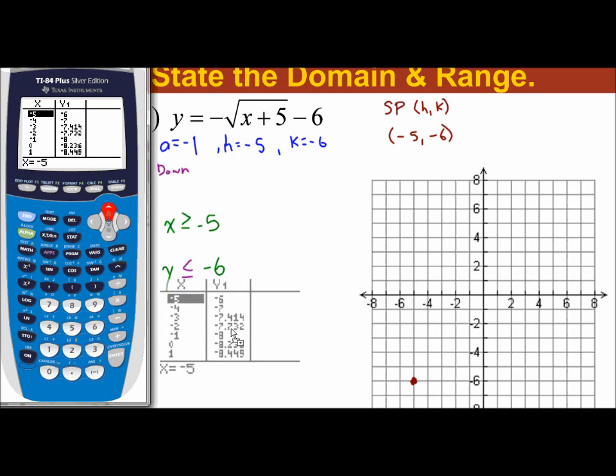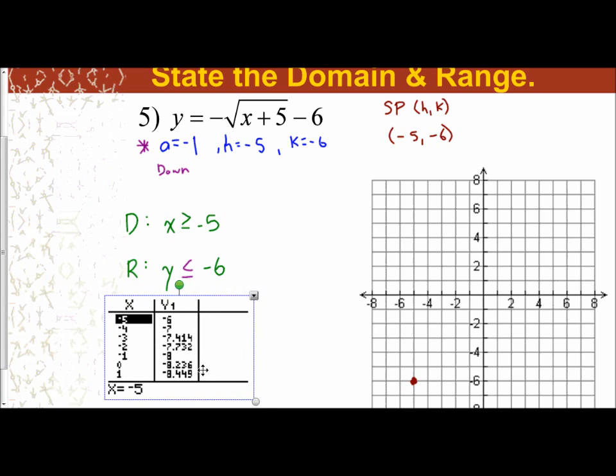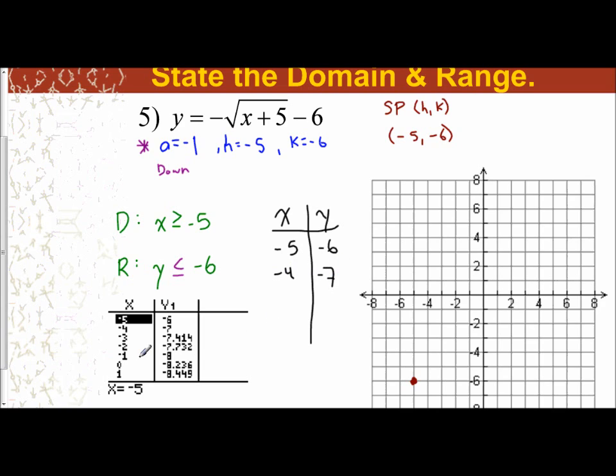And remember, the general rule I have for using your calculator to get the table values is to at least write down your own table from the calculator and include 3 nice points, 3 points that are integers. So the starting point we can use right away, -5, -6. It looks like we're at -4, -7, and then -1, -8 is the next one.